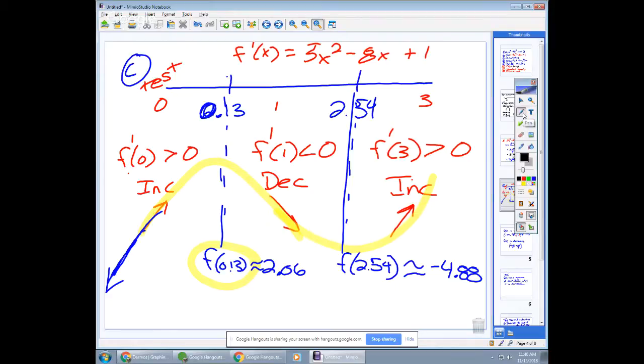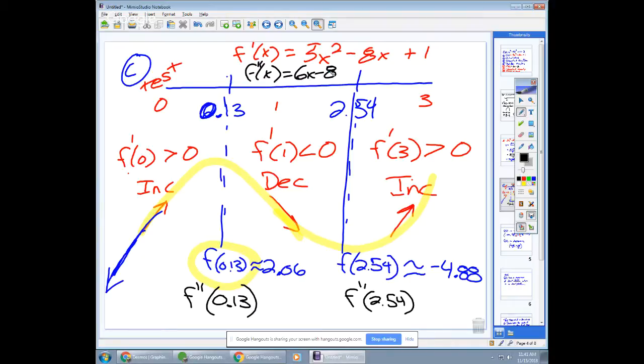And what I'm going to do instead is I'm curious as to what the second derivative says about the critical number. So I'm going to plug the critical number directly into the second derivative. I'm going to do that here too. Second derivative, I'm going to plug in 2.54-ish. So remember, the first derivative is up there. Second derivative was 6x minus 8.